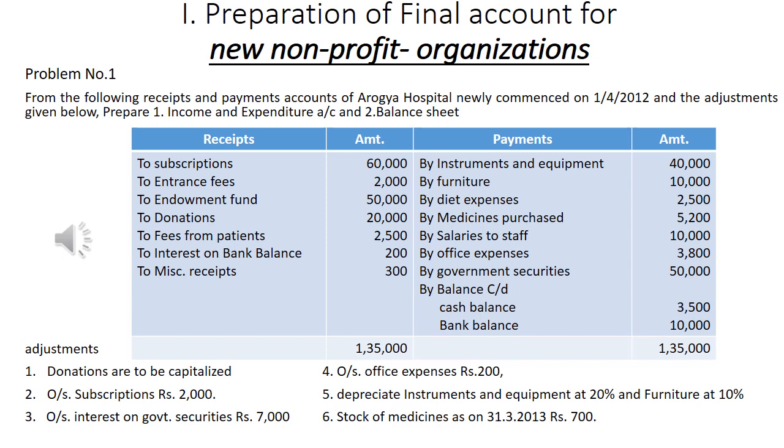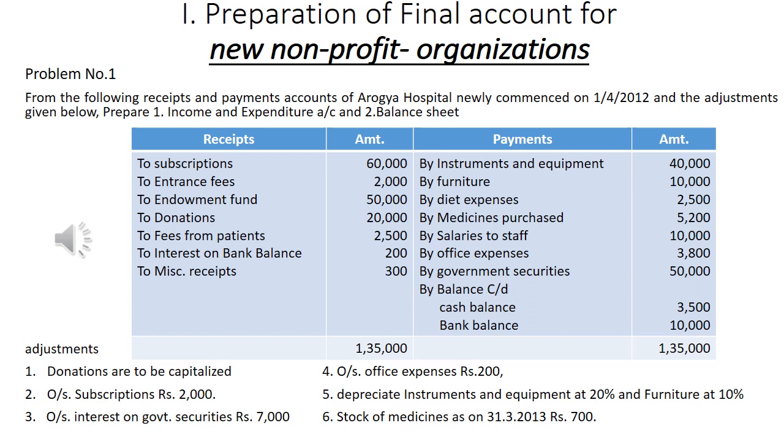So outstanding subscription or any outstanding income must be shown under the asset side of the balance sheet. Third one, outstanding interest on government securities rupees 7000. Yes, the same entry will be there, shown on the income side of the income and expenditure account, that is the credit side. Then the same is to be shown under the asset side of the balance sheet.